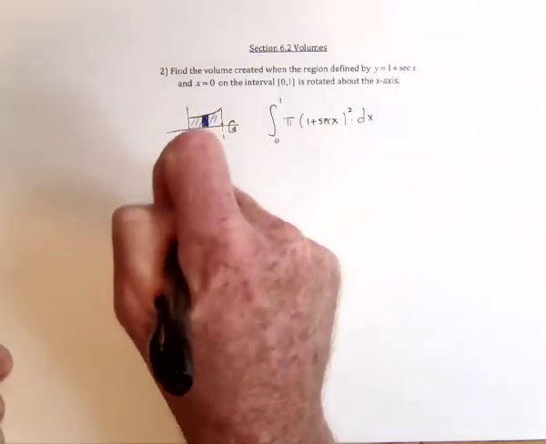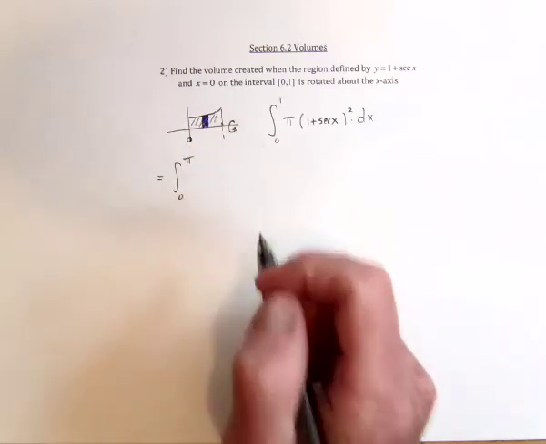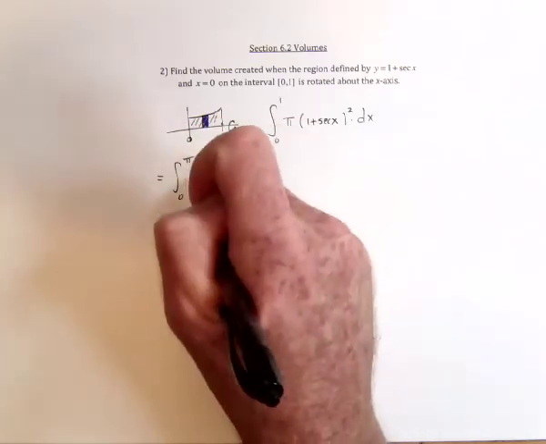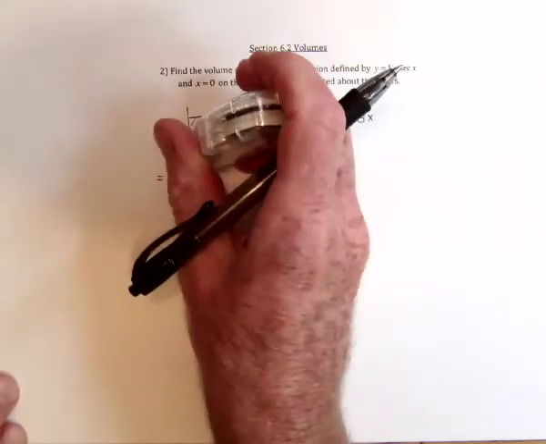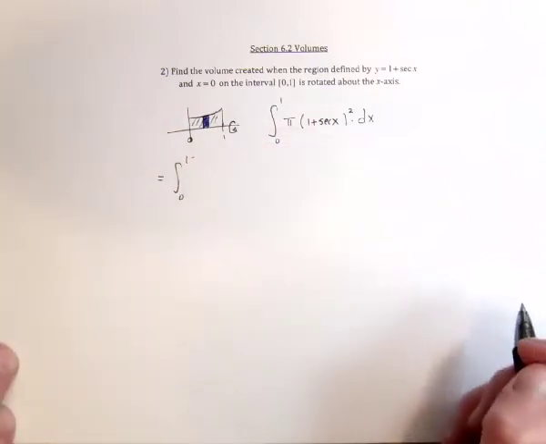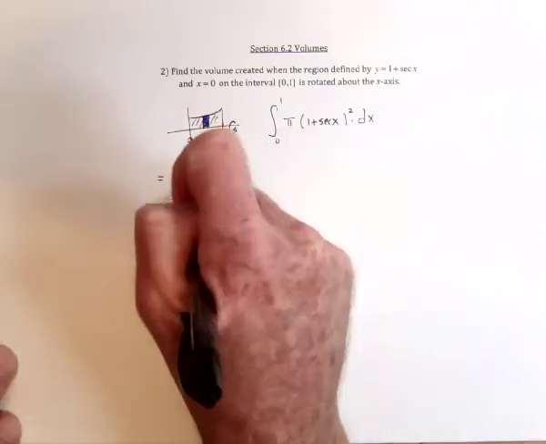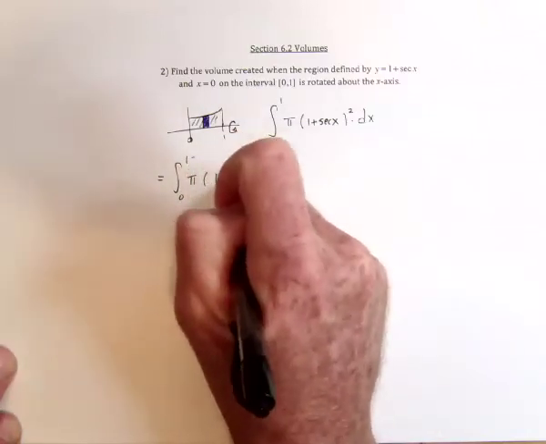So it's going to be integrate from 0 to 1 pi, and then square this binomial. So it's going to be 1 squared.